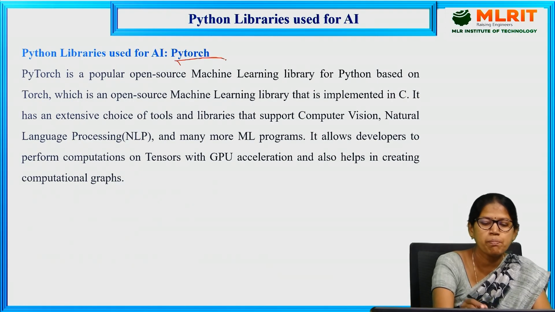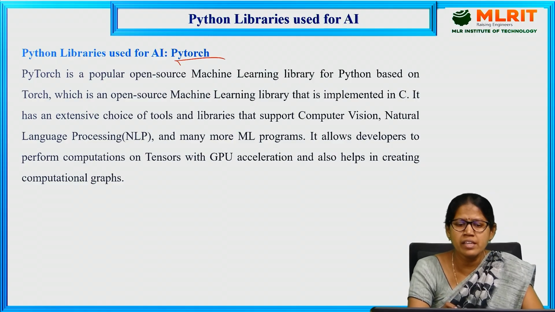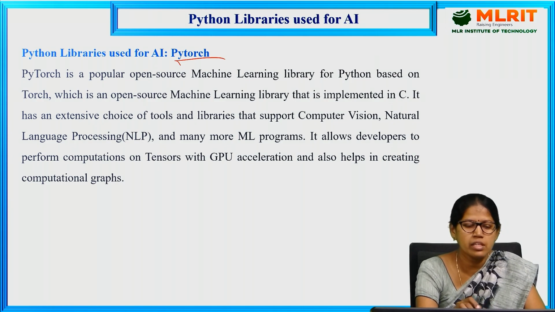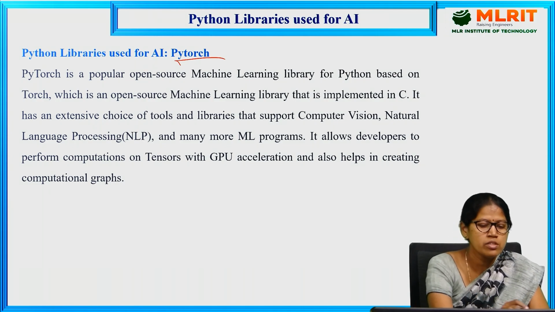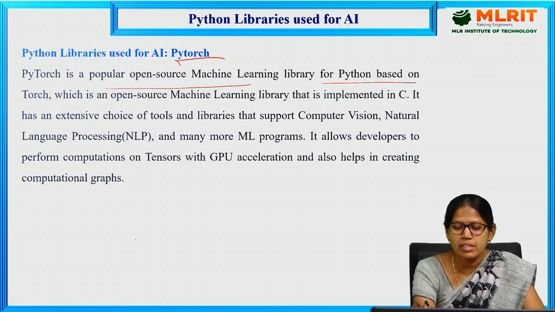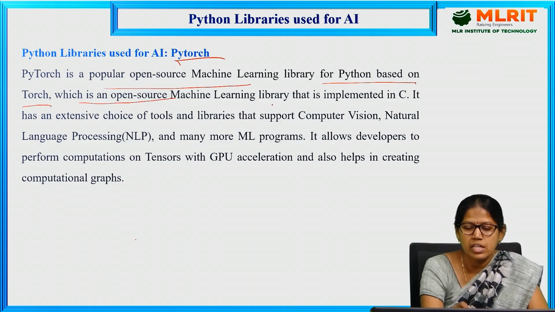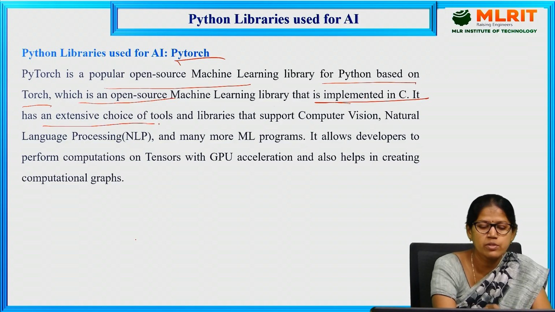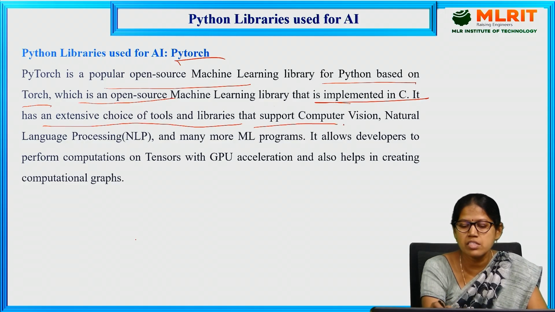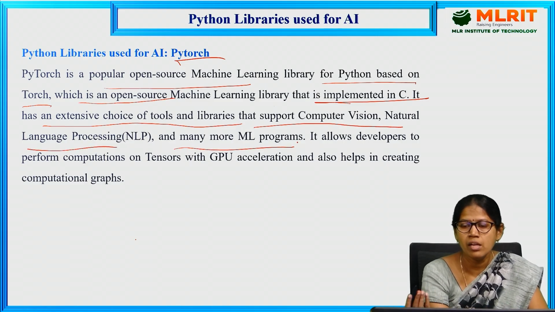The next one is PyTorch. This PyTorch is taken from Torch, and it is useful in various scenarios. PyTorch is a popular open source machine learning library for Python based on Torch, which is an open source machine learning library implemented in C. It has an extensive choice of tools and libraries that support computer vision, natural language processing, and many more ML programs.